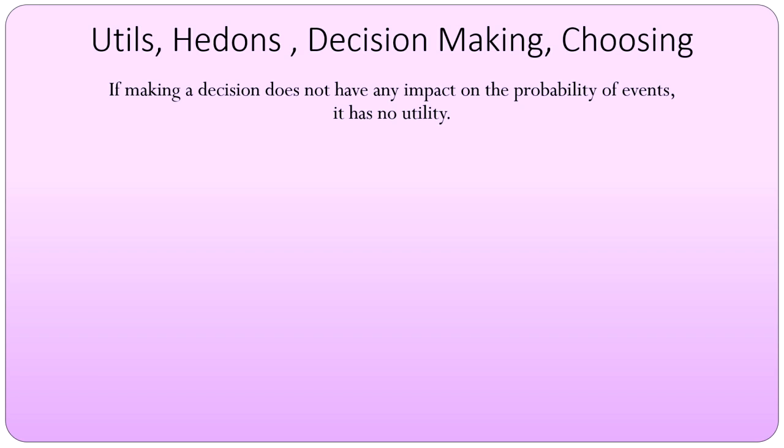Well, if making a decision does not have any impact on the probability of events, in other words, you make a decision and it's not going to change what's going to happen whatsoever, that doesn't mean you know what's going to happen. It could still be uncertain, but if it doesn't change the probability of what will happen, then it has no utility.